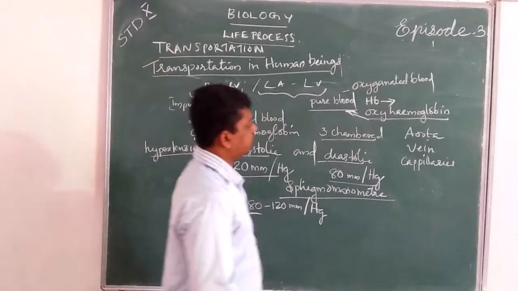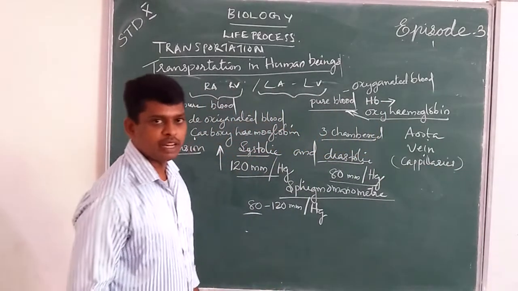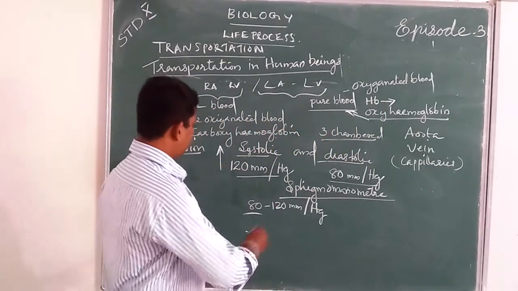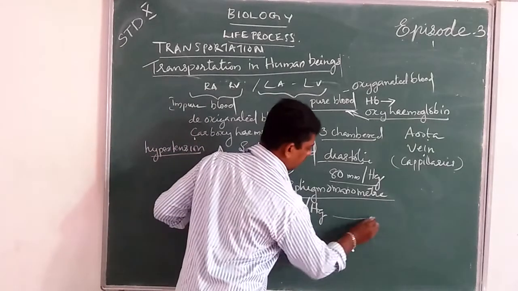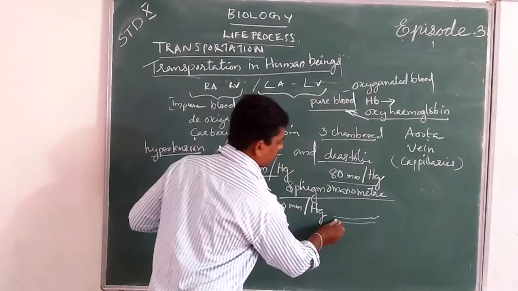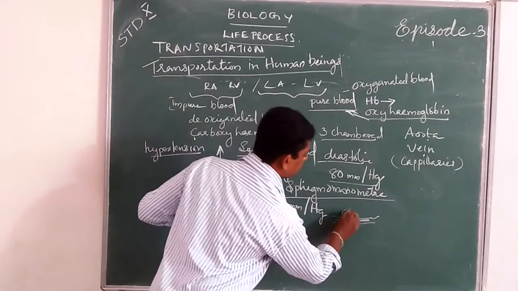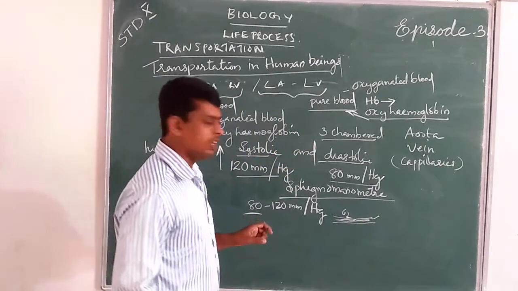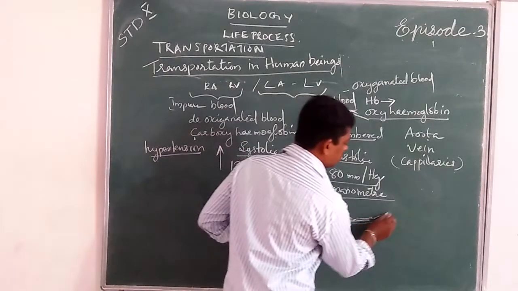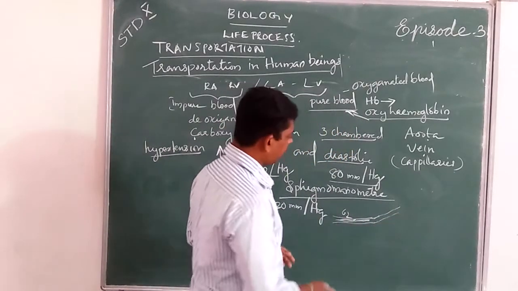Okay, then what are capillaries? Within the aorta, oxygenated blood is traveling towards the various organs.